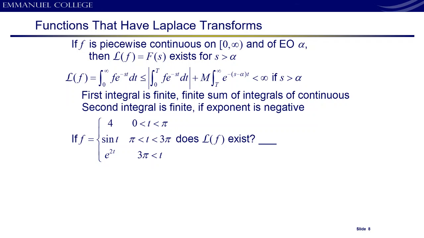E to the 2t, probably would be best to just actually use e to the 2t. Because it's piecewise continuous, because it's only got a finite number of discontinuities. And you could do the exponential order test for each one, or each component.